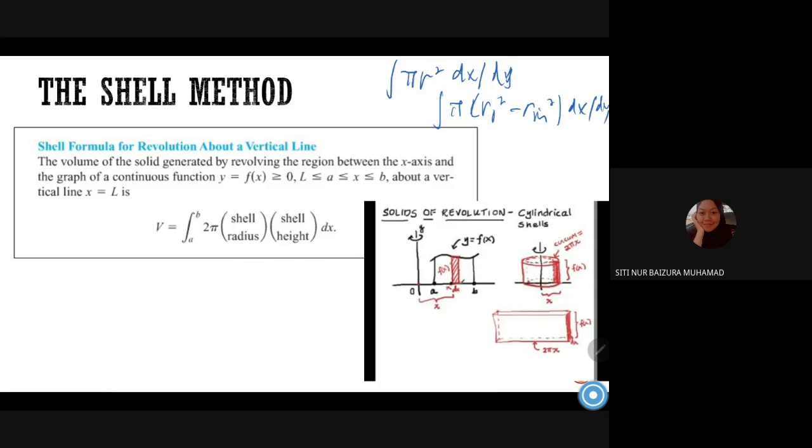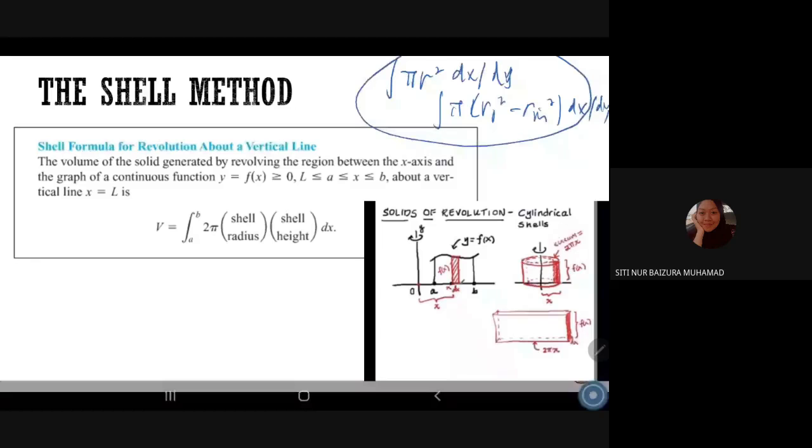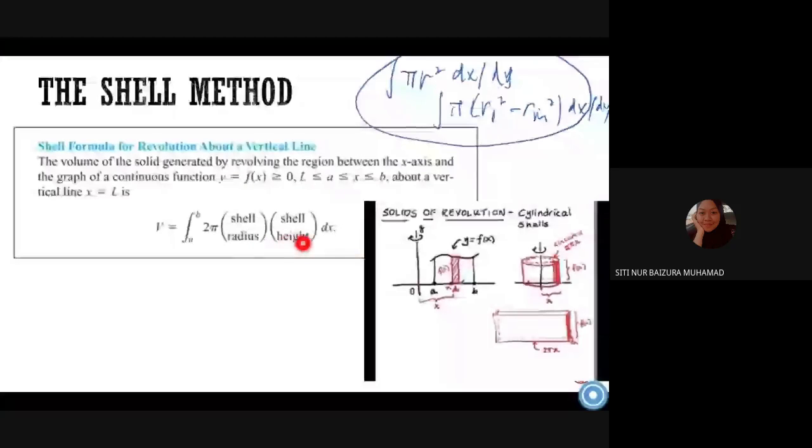Now using the cylindrical shell method, the formula changes to 2 pi, shell radius multiplied with shell height times dx. But it can be also dy, depend on dia punya formula lah. This one becomes dx here because it is the shell formula for revolution about a vertical line.